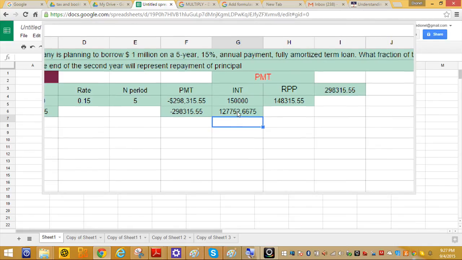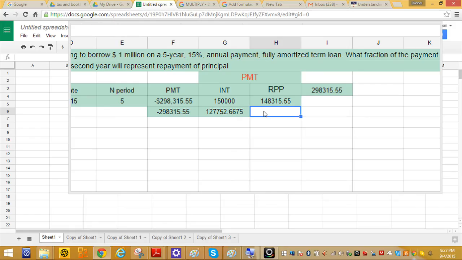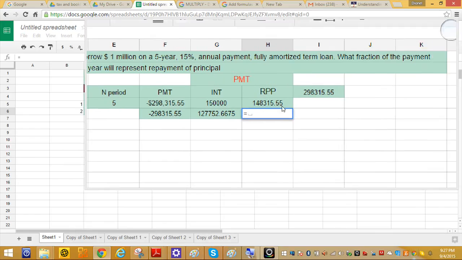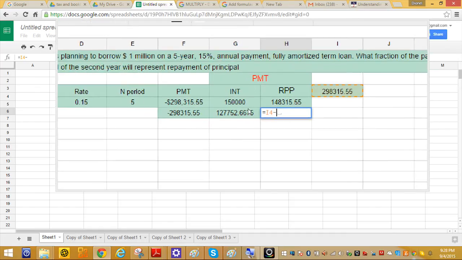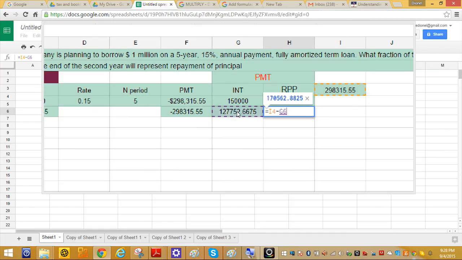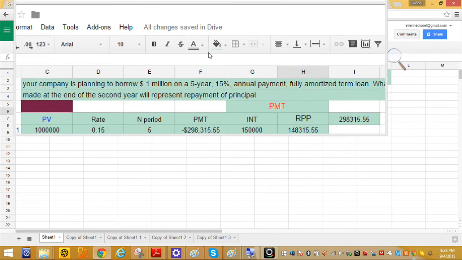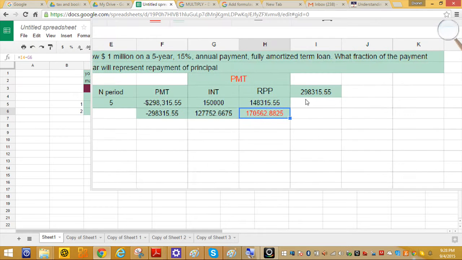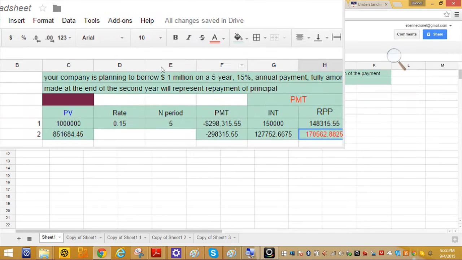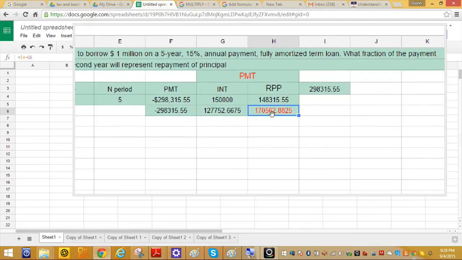Since I have a new interest, I'm gonna have a new repayment, which is the payment minus the interest. There you go. That's my value, let me put it in red so that you can see. So the question, what fraction of the payment made at the end of the second year will represent repayment of the principal? That's going to be this one.